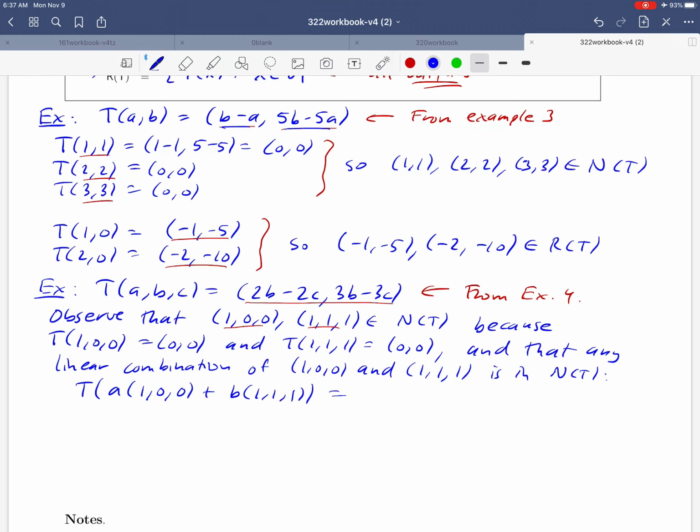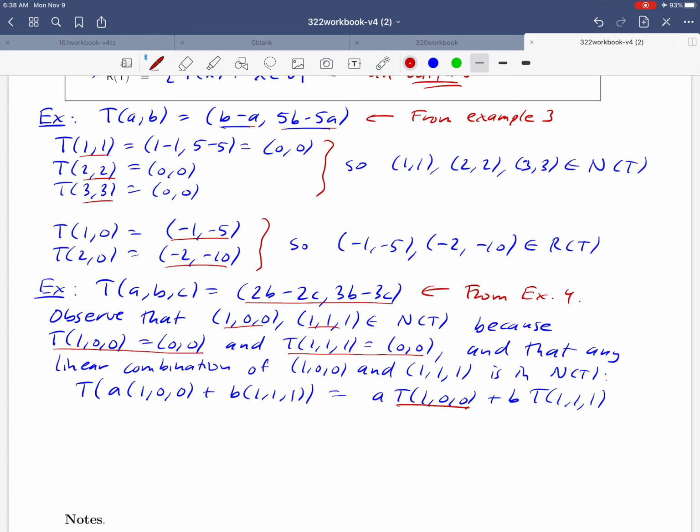If we use the fact that T is linear, it allows us to pull that apart into a times T of (1, 0, 0) plus b times T of (1, 1, 1). But we just noticed above that T of (1, 1, 1) equals (0, 0), and T of (1, 0, 0) equals (0, 0).